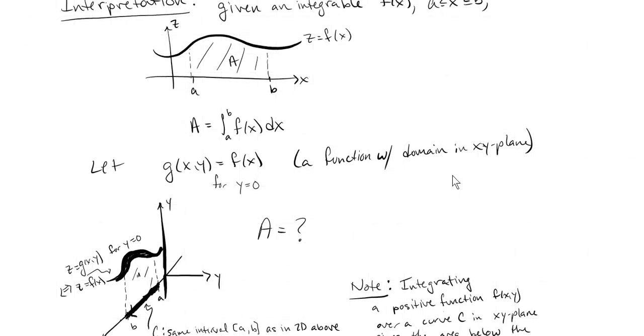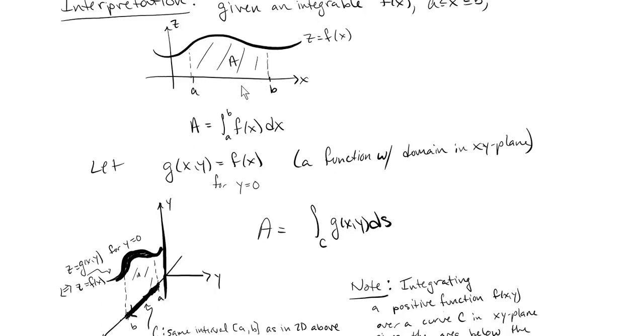And I just want to kind of cut to the punchline here that the area can be described as a line integral. The area is really just the line integral along C of g of xy ds.